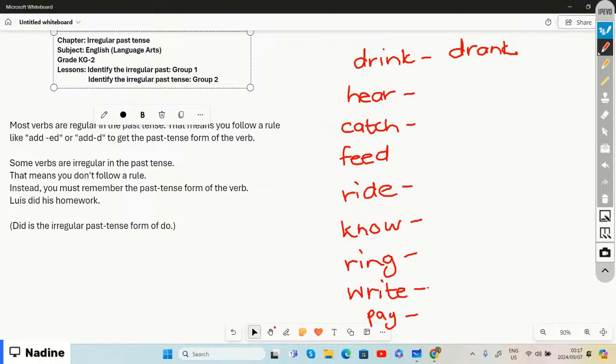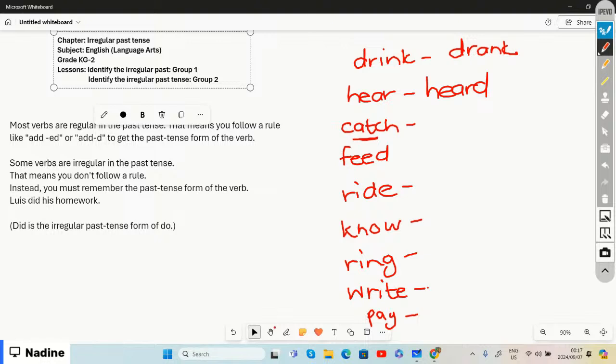All right, and if we were to find the past tense form of certain words, then we can say, the past tense form of the word hear is I heard you, right? To catch something, you catch something now.